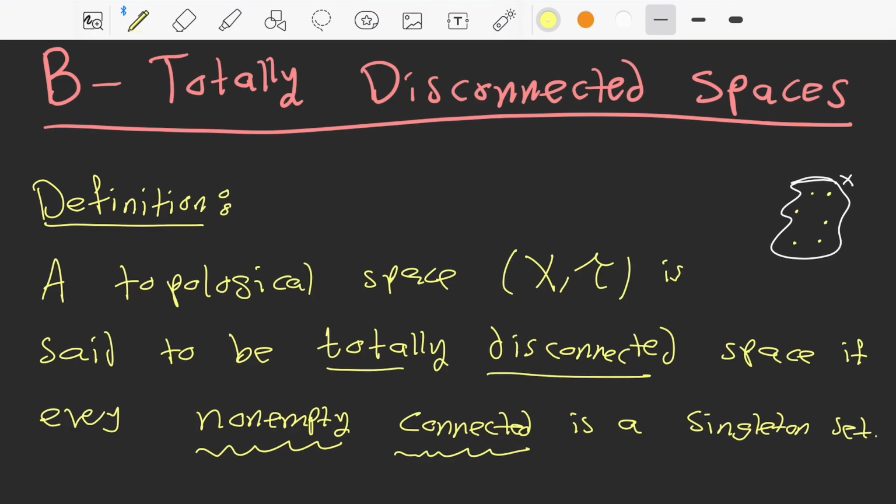So this gives me the definition for the totally disconnected space.